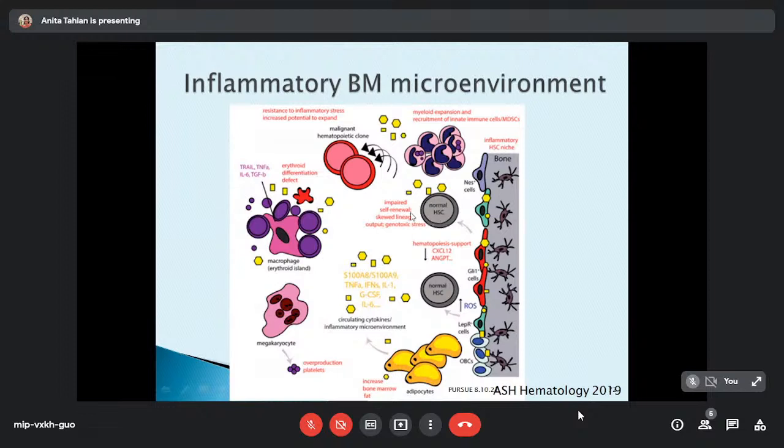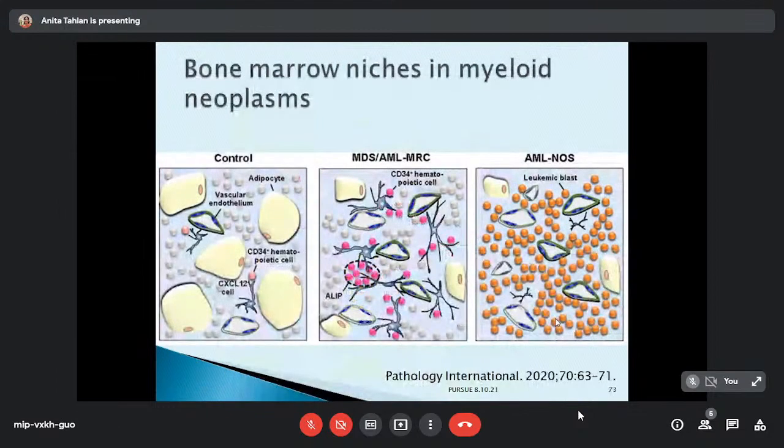This also leads to impaired self-renewal and output genotoxic stress, which may give rise to a malignant clone. So there is a possibility of malignant clone whenever we have chronic inflammation. And all this leads to increased reactive oxygen species, which adds further to its insult. So these can lead to malignancies.